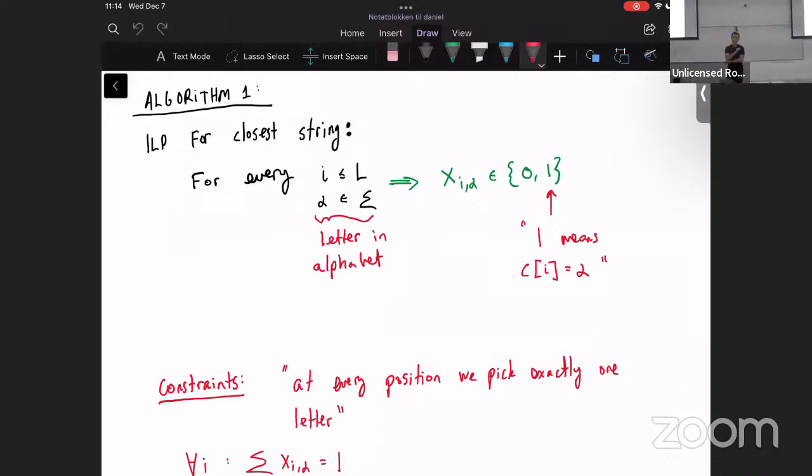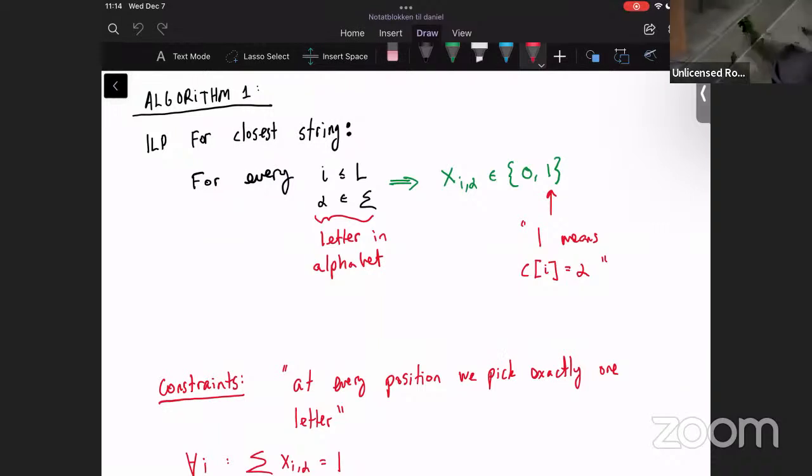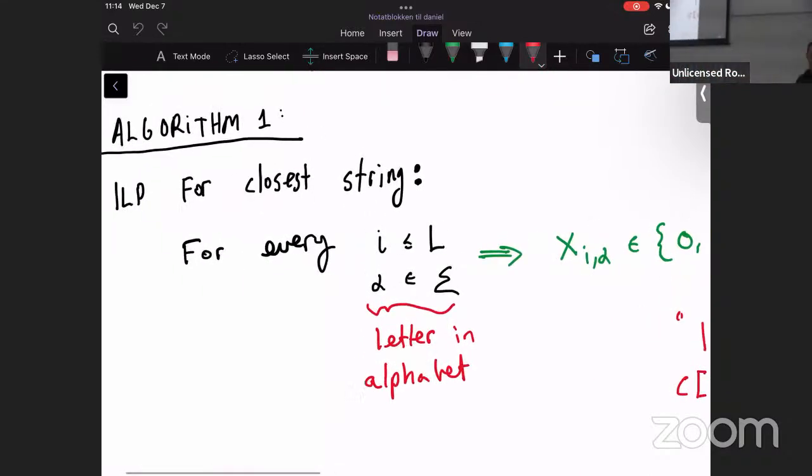So let's formulate an integer linear program for closest string. All right. So remember, what are the decisions that we have to make in order to find a center string? Well, for every position from 1 through L, we need to decide which letter the center string should have, right?